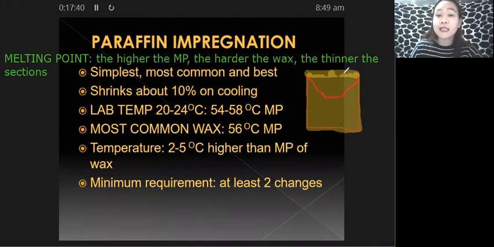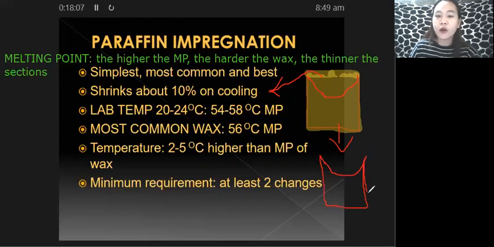This is because one of the characteristics of your paraffin wax is that it shrinks about 10% on cooling. So that is the appearance of your block after cooling.